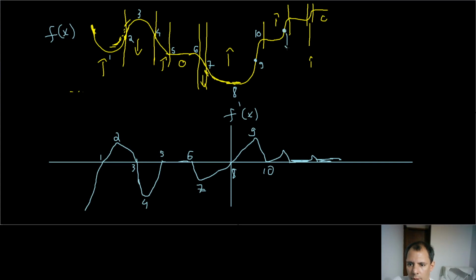Now, it starts increasing again until it gets to this point here. This point is 11. And then it starts decreasing until it gets to 0. So this point here is going to be 12. Now, it's 0, okay, and then it starts increasing again. So this point right here is 13.